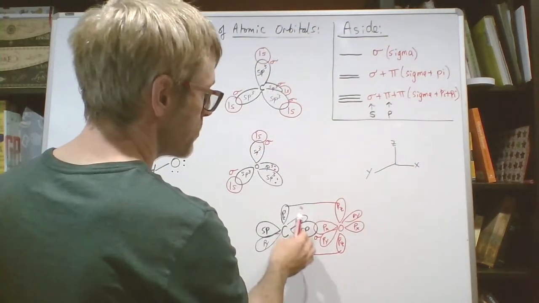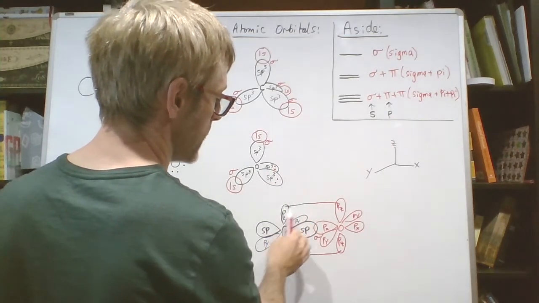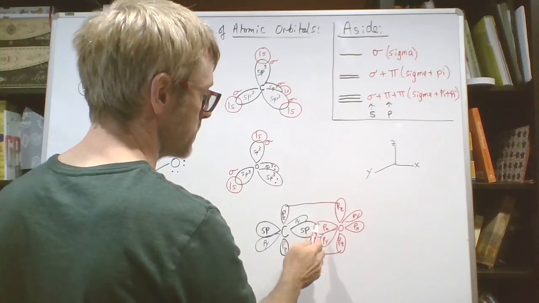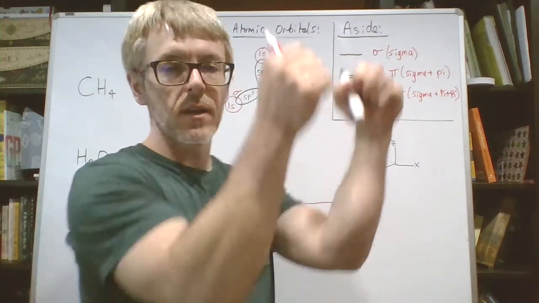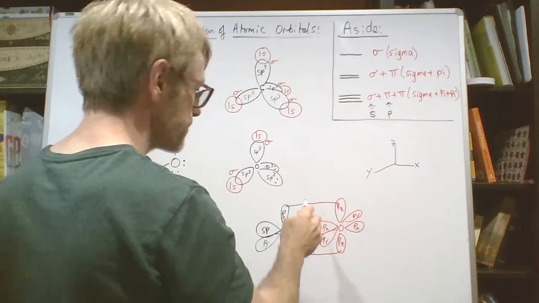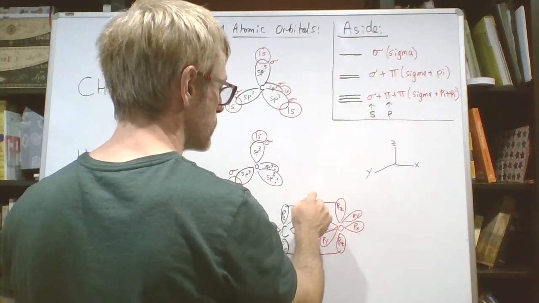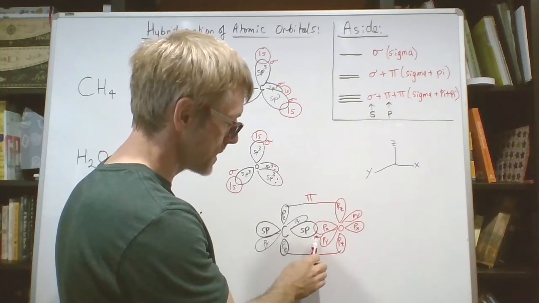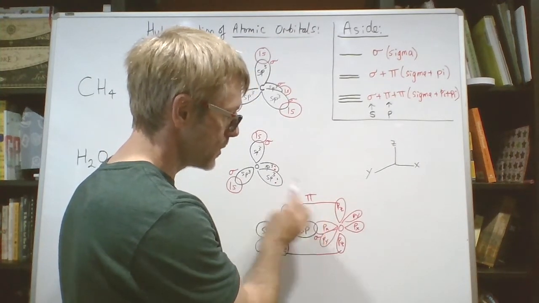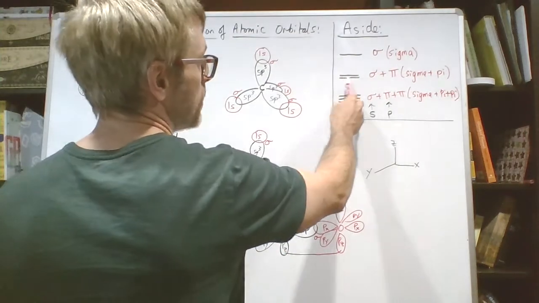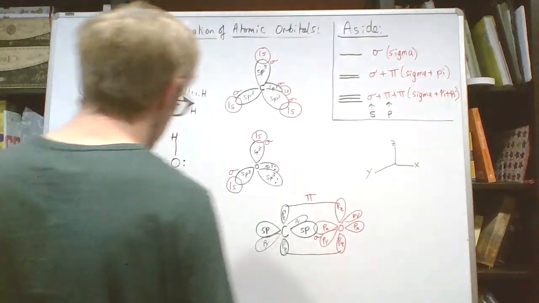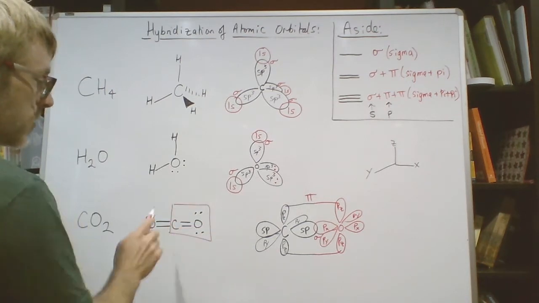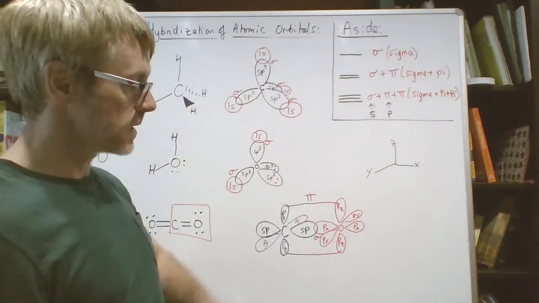So each one is contributing, that's why I've drawn halfway a black line from the carbon pz and halfway a red line from the oxygen pz. So this single parallel interaction is a pi bond. So between the carbon and oxygen, we have a single sigma and a single pi. Remember, a double bond is a single sigma and a single pi. So we've just drawn this interaction here, single sigma, single pi.